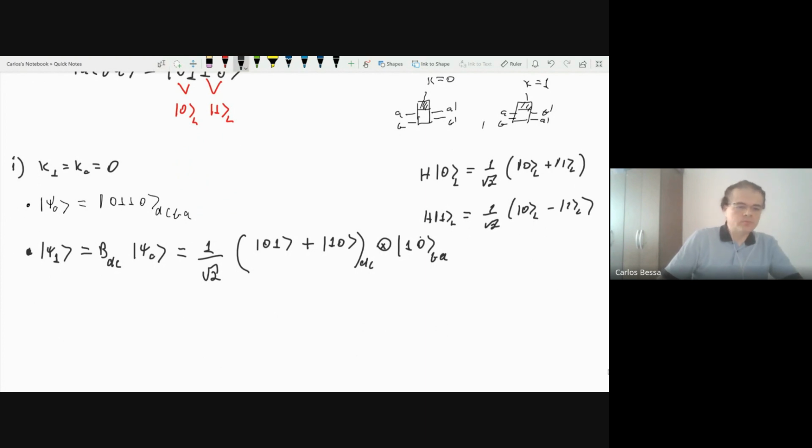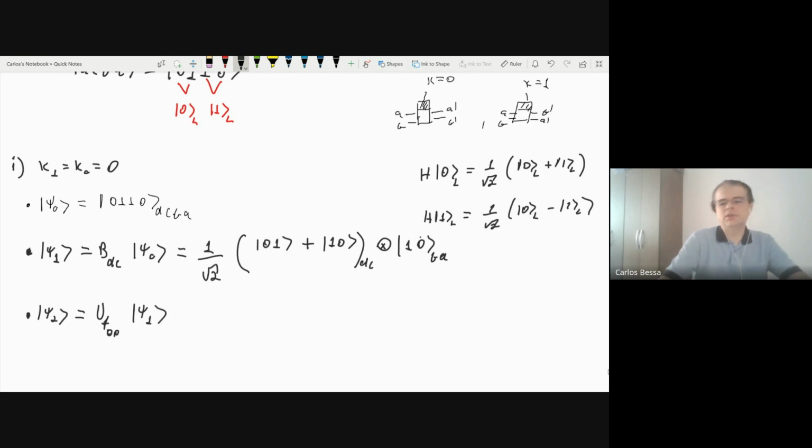Okay, so next we apply psi 2. Psi 2 is exactly where we apply the oracle. In this case, when k1, k0 is 0. So when the function f is 0, 0, apply psi 1.